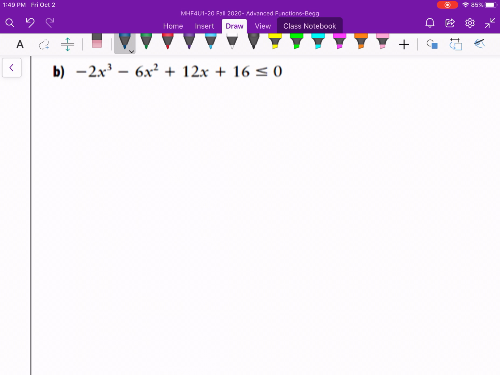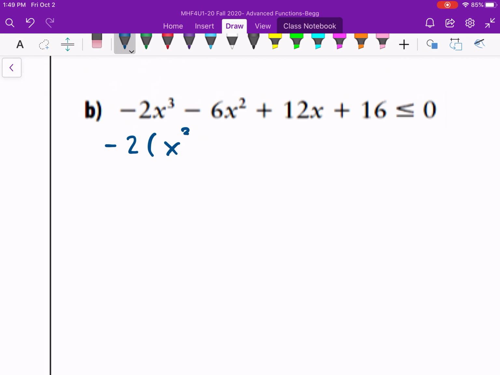So when I look at this, the first thing I notice is that I could take out a common factor of -2. And then I can look at -8 and think about which values to try for using the factor theorem.